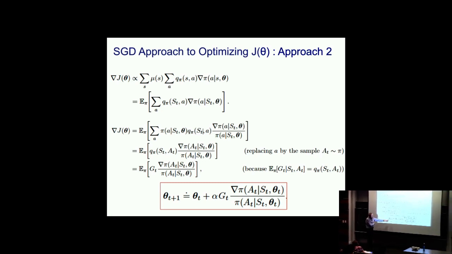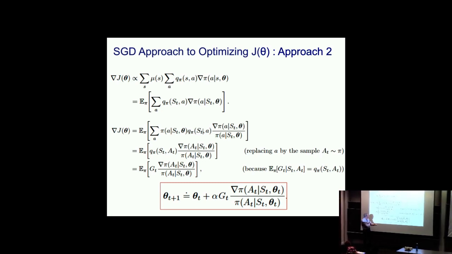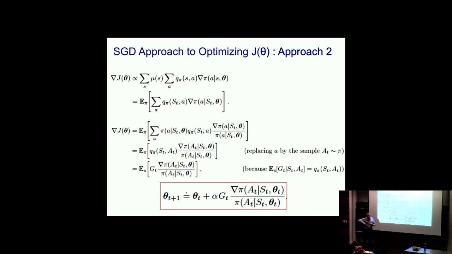And so that leads to this more frequently used gradient update rule, which is as I go from theta t to step t plus 1, what I want to do is update my parameters according to the discounted future reward I actually sampled when I did this Monte Carlo single trajectory experiment, times the gradient divided by the policy value.